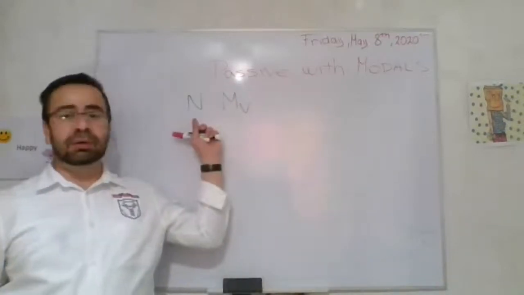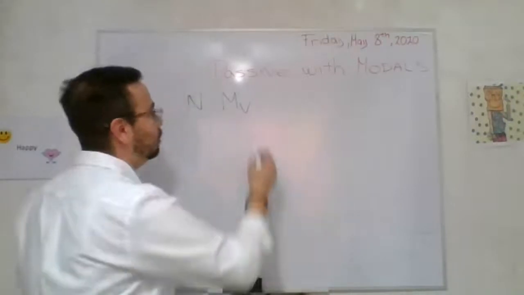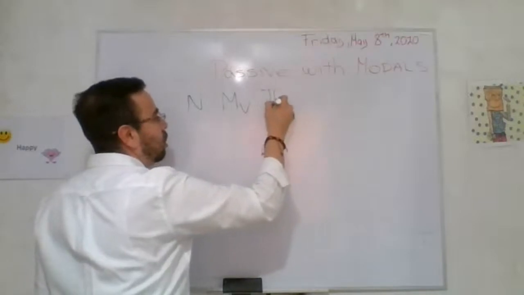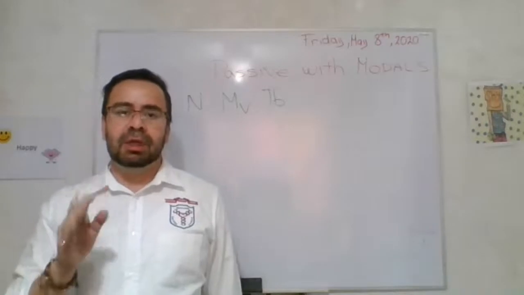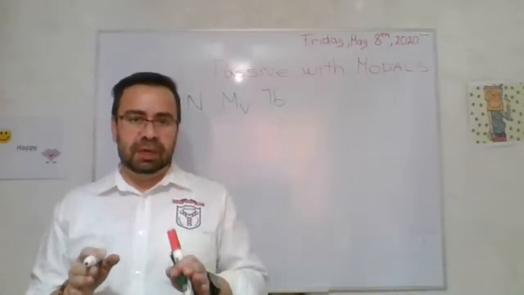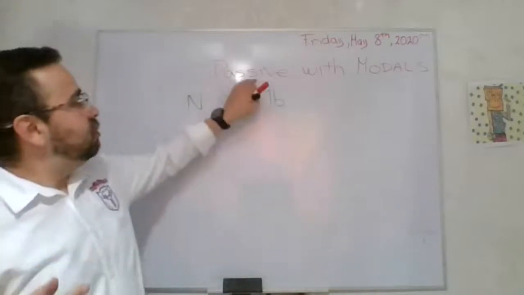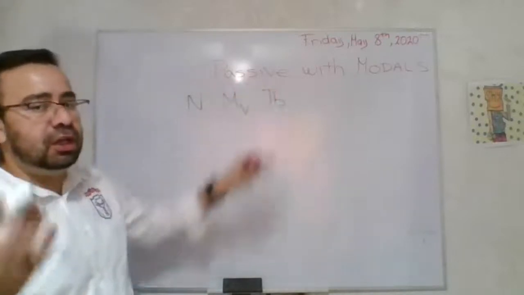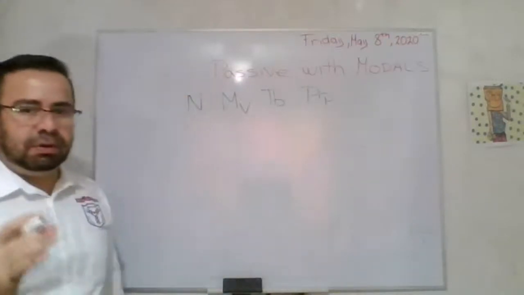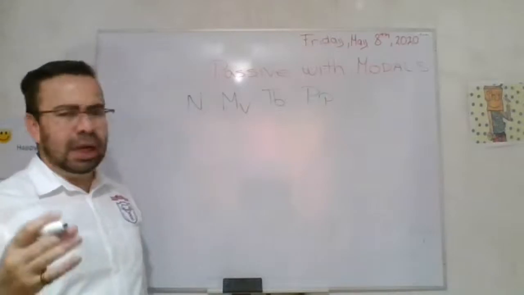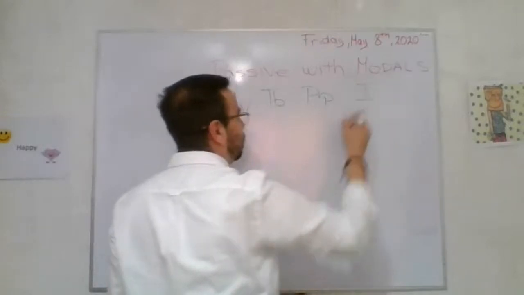Later, the verb to be, but the verb to be must be in infinitive form, simple form. Remember, infinitive form of the verb to be. Later, if you are using passive voice, you need the verb in past participle. And next, the information.